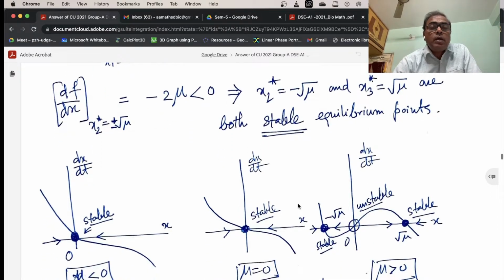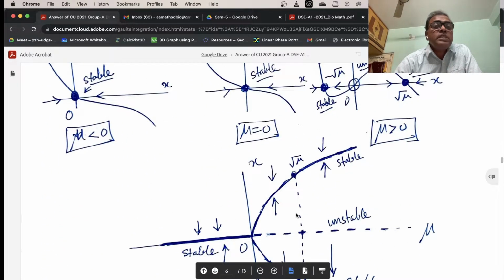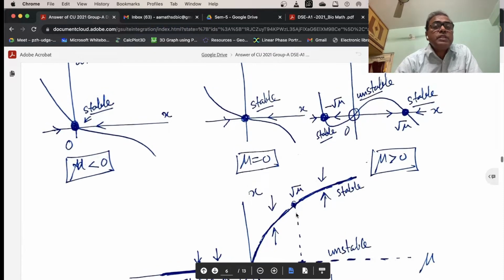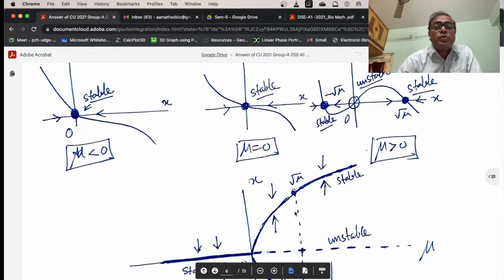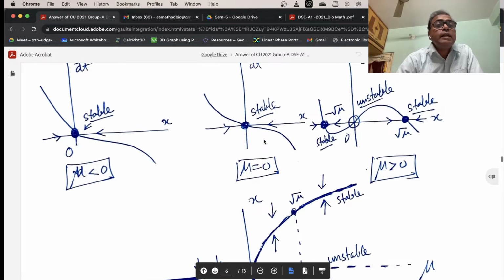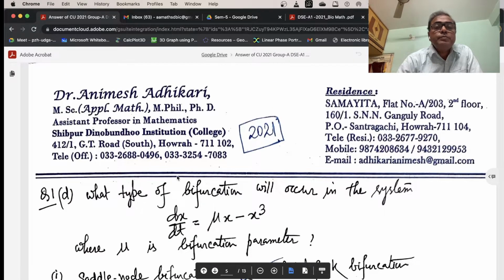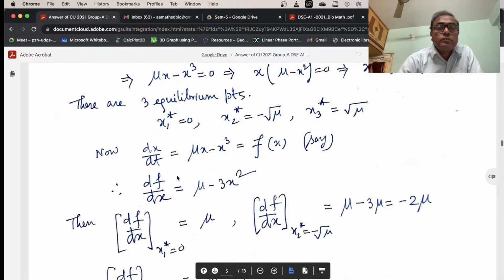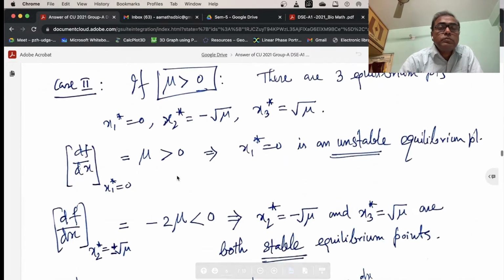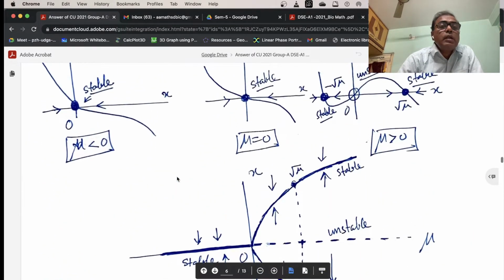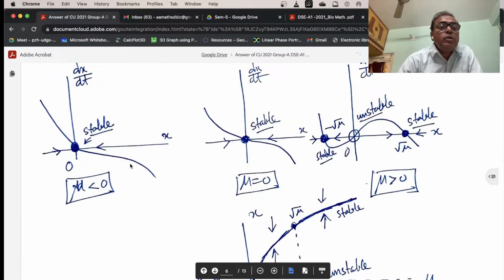And so we get this graph, the phase portrait of x and dx/dt. dx/dt equals zero gives a stable equilibrium point when mu is less than 0.